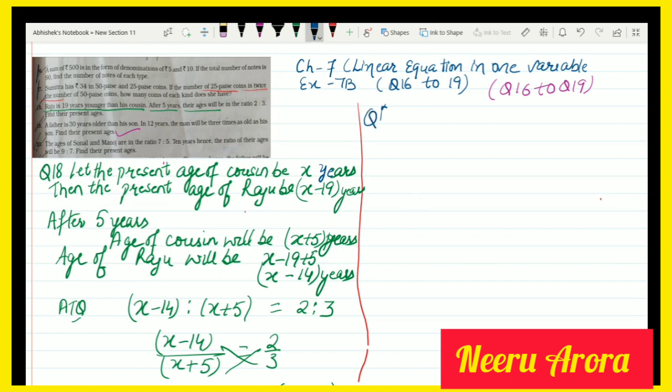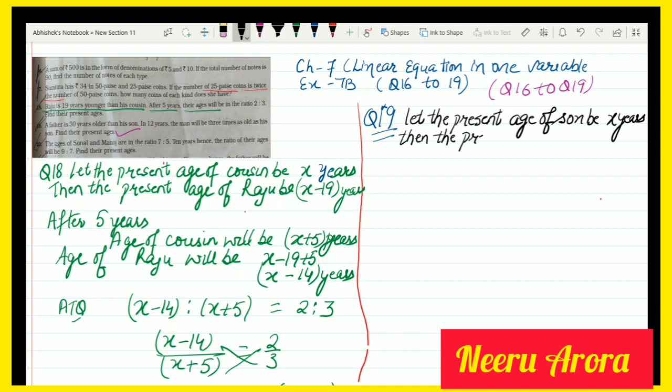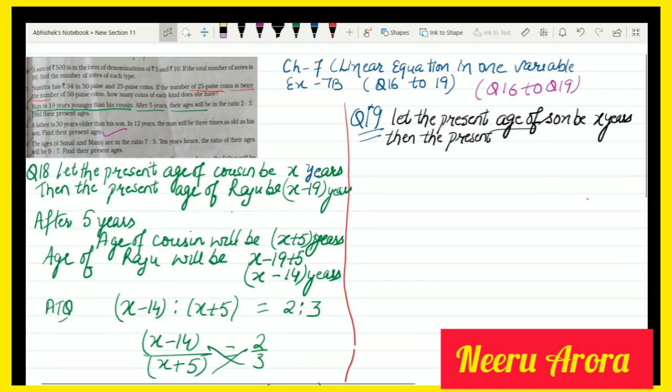Look at the solution of question number 19. A father is 30 years older than his son. So let the present age of the son be x years, and then the present age of the father.